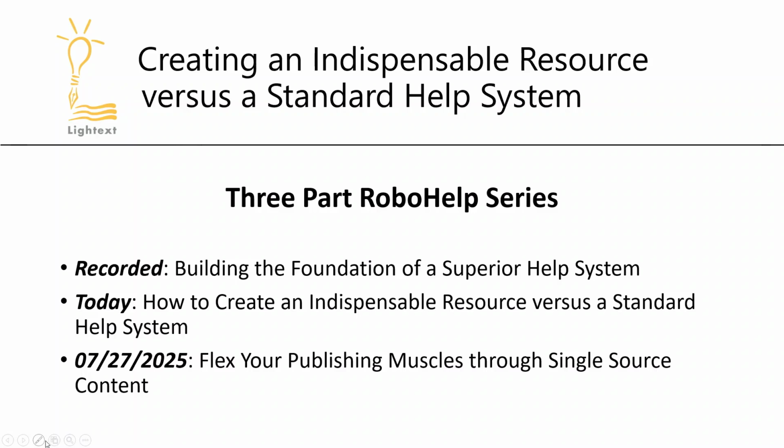And today we are going to learn how to use the various features and functionality in RoboHelp to transform our content from static documentation into something that becomes very important and very useful for your end users. And finally, in July, we will talk about publishing and go through publishing web, Word, PDF outputs, and how to single source content to streamline our publishing process.